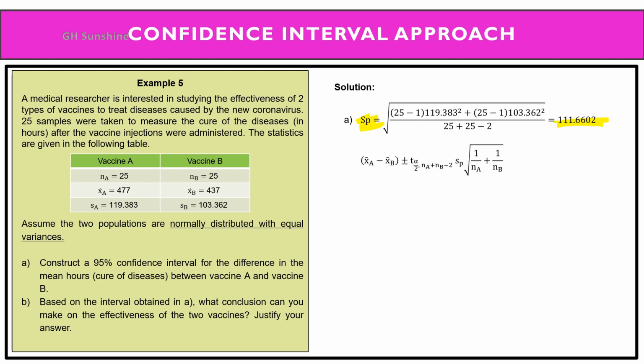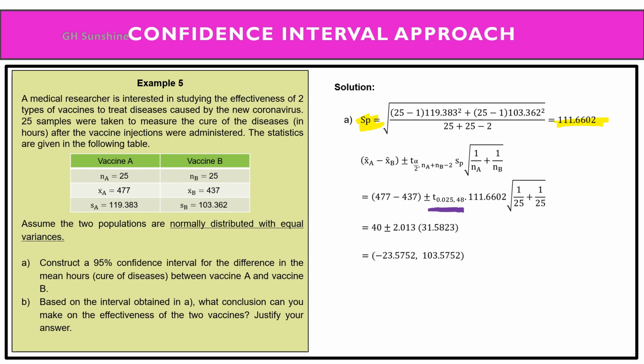We will use this formula to calculate the 95% confidence interval, substitute all the values, and from the T table find 0.025, degree of freedom equal to 48. So at the end, the 95% confidence interval is between negative 23.5752 and 103.5752. This is the confidence interval to answer the first question.